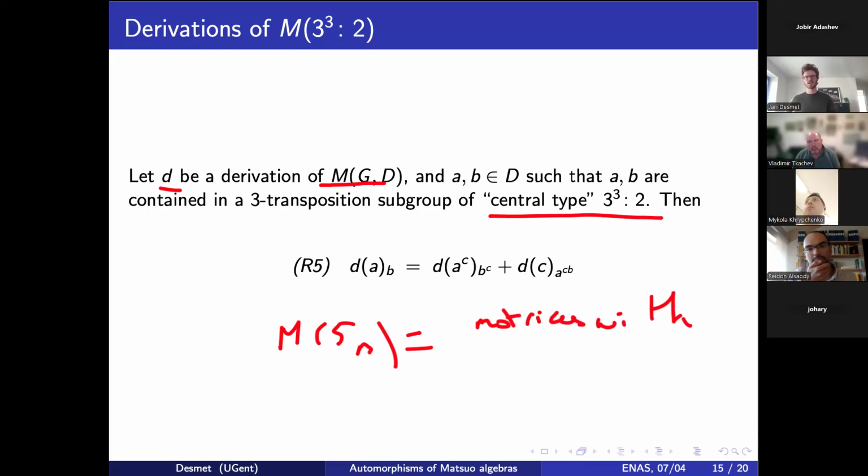Otherwise, it looks like a continuous automorphism group where some 3 transposition group acts on it in a non-trivial way. It looks like a connected automorphism group extended by a 3 transposition group, but we don't even know whether this extension is split in any way.